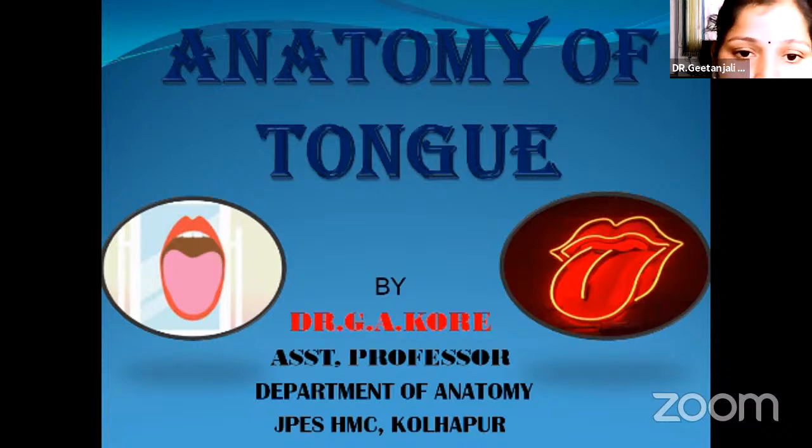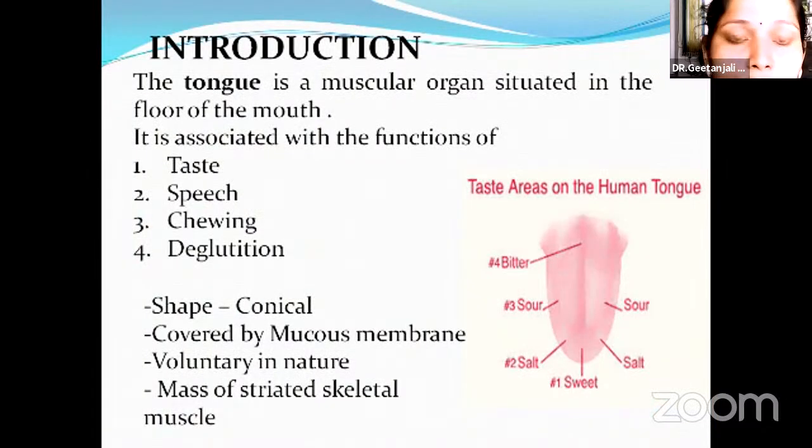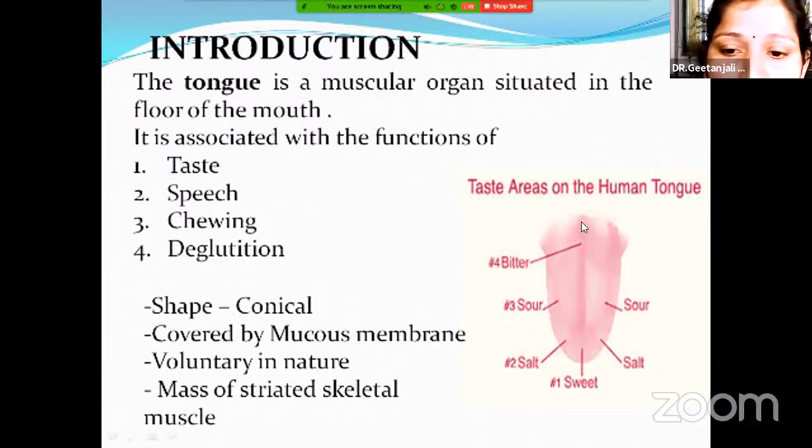We start with introduction. In introduction, the tongue is a muscular organ situated in the floor of the mouth. It is associated with the functions of taste, speech, chewing and deglutition. See here the taste areas on the human tongue: bitter, sour, salty, sweet, etc. Thanks to God for the taste buds.